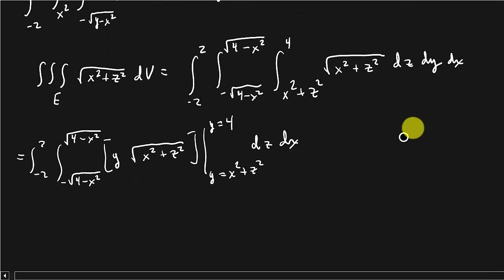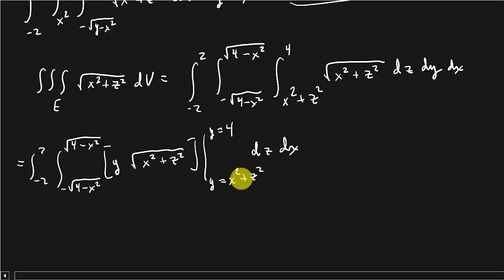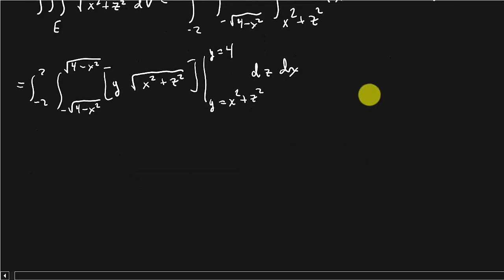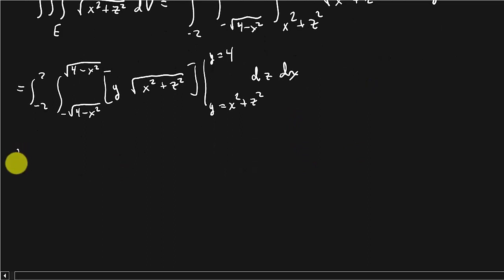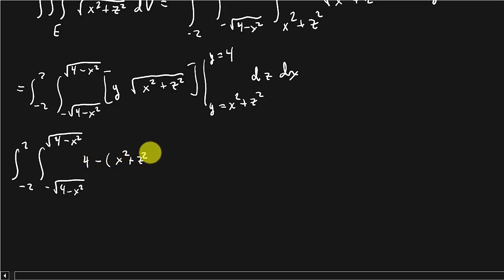And then we've got to plug this in for y. So we're going to go from -2 to 2, and then negative square root 4 minus x squared to square root 4 minus x squared. And so that's going to be 4 minus x squared plus z squared.